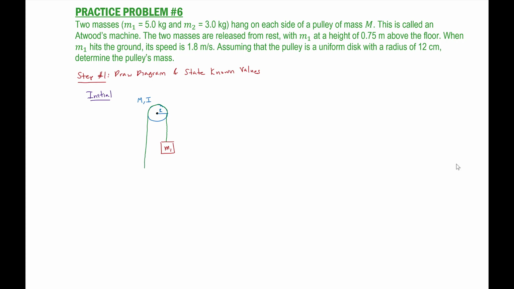And let's choose M2 to be here. So the assumption is that M2 is already on the ground. And that means this is y equals 0. And the height of mass 1 is at y equals h.